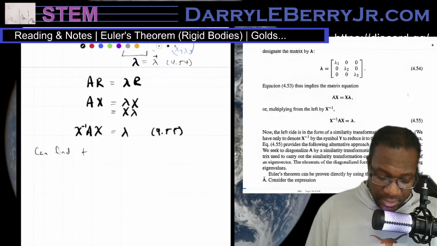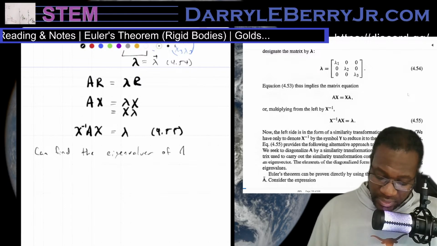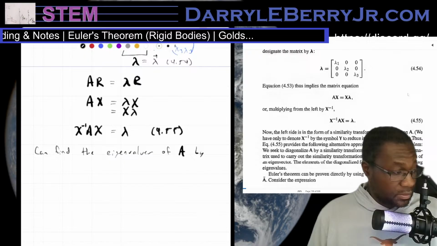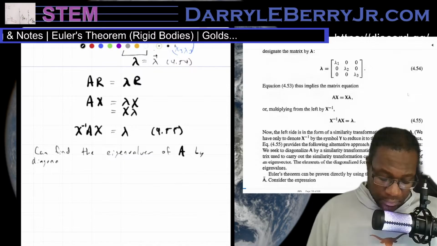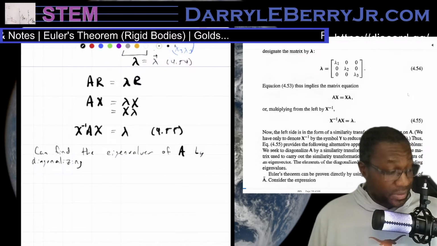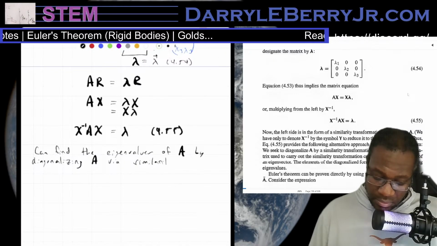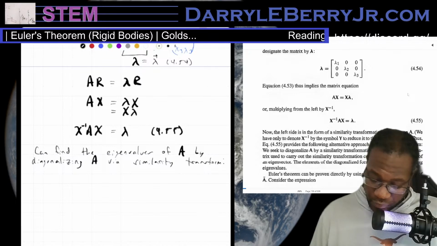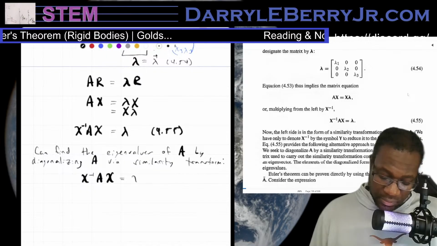So we can find the eigenvalues of A by diagonalizing A via similarity transform, which is x inverse A x equals lambda.